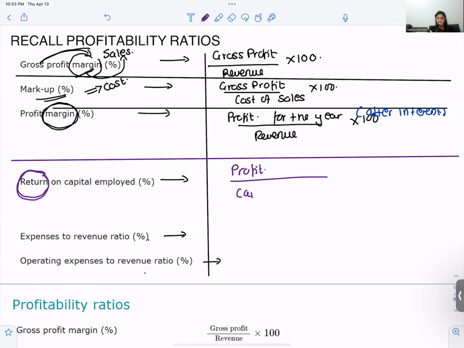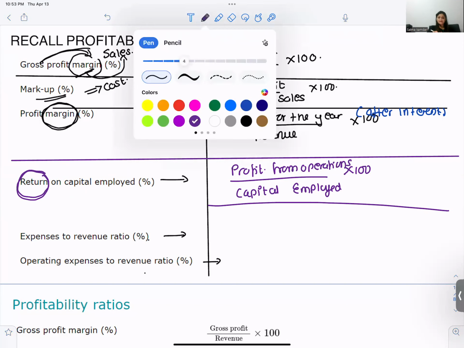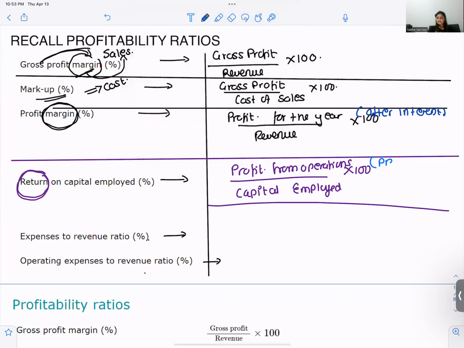What is the meaning of capital employed? The amount of money used to make the business. Okay, so this is profit from operations. It could be profit before operations or it could be PBIT, profit before interest and tax. Are you with me?